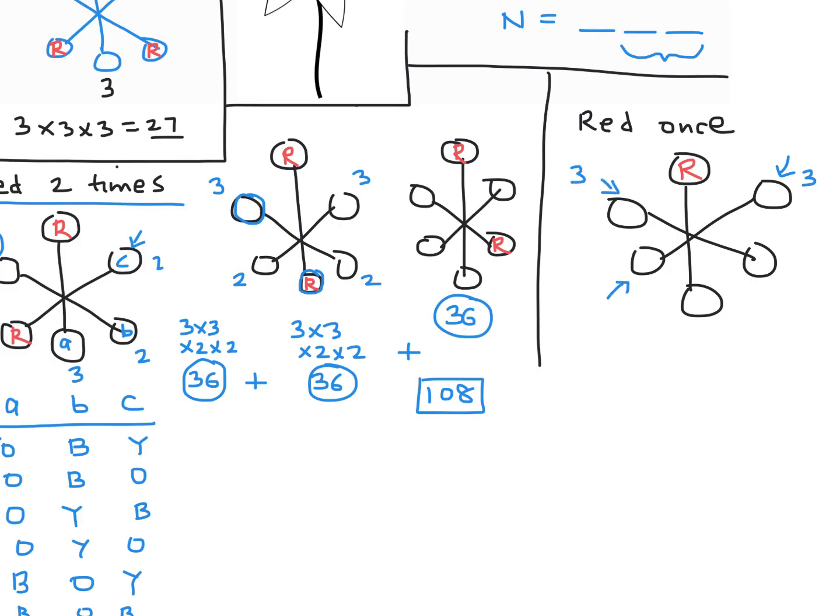For this one, I believe I have only 2 choices because it cannot be red and it cannot be this color, whatever color that is, correct? So that same kind of philosophy there. And then for this one, it cannot be red, cannot be this color, and it cannot be that color.